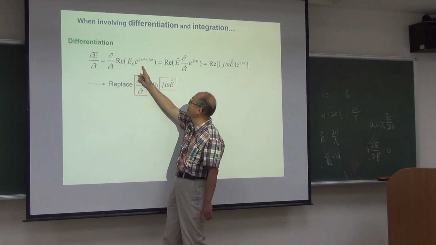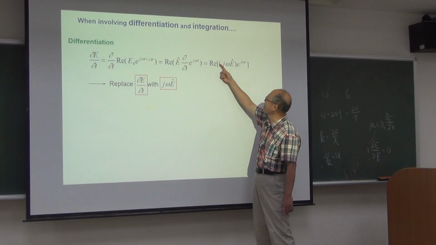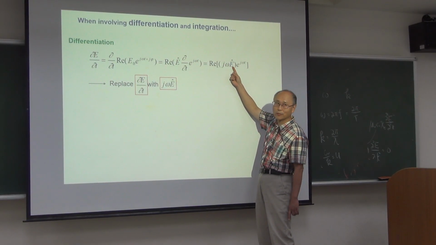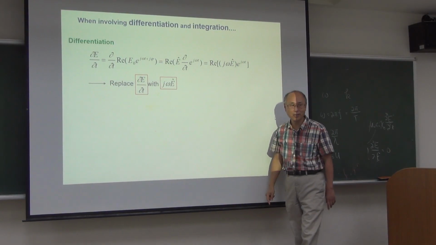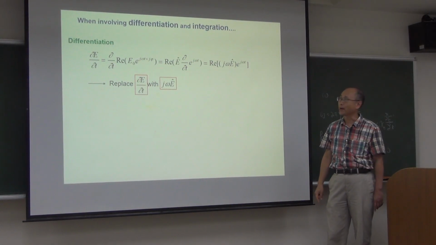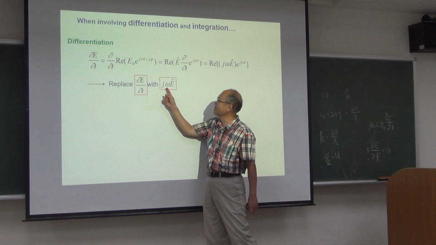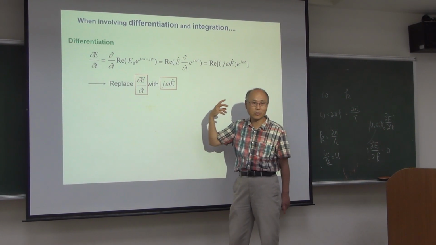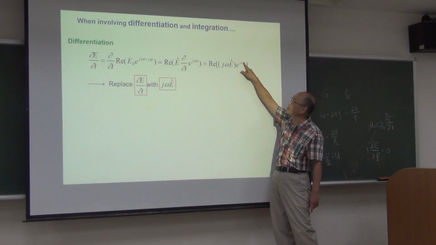And in the end, you find that this is just the phasor of the electric field multiplied with j omega, and then the rest does not change. So this means that I can replace this with this if I just try to do phasor calculation, because this part is already understood.